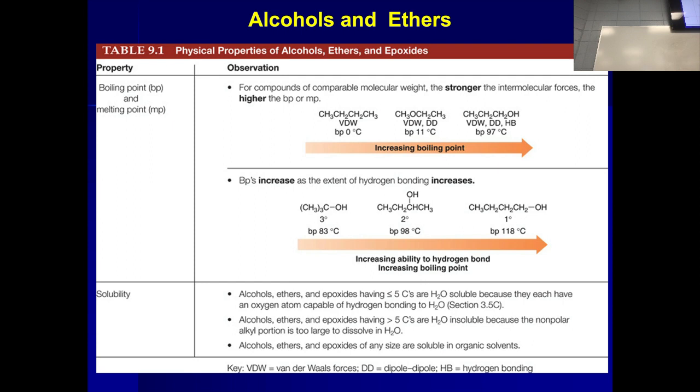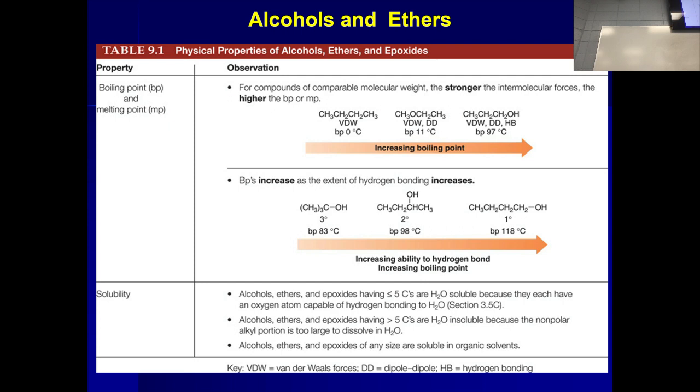And so here now I take all these alcohols that have the same molecular formula, okay? They've all got 4 carbons. They've all got one OH group. This is a tertiary alcohol, this is a secondary alcohol, and this is a primary alcohol. They all have the same molecular weight, they all have the same functional group, they all can form hydrogen bonds, and yet they all have different boiling points. Why? Because the tertiary alcohol has all this junk around it, and it can't form a very strong hydrogen bond.